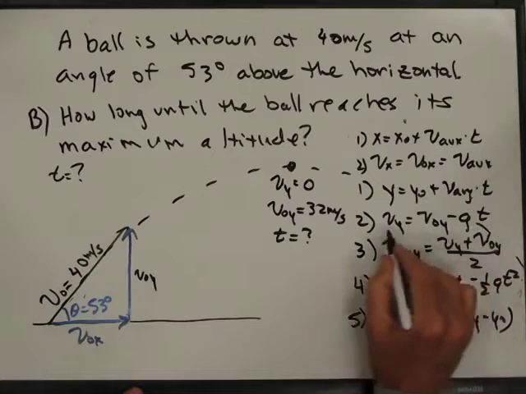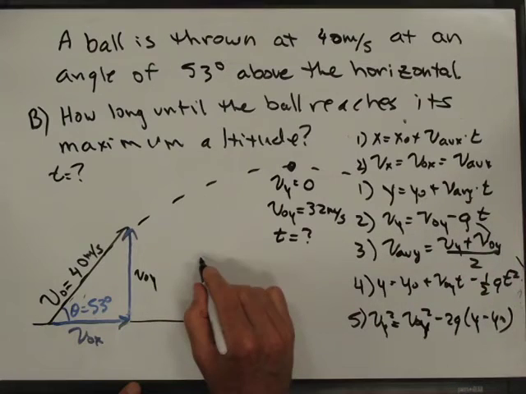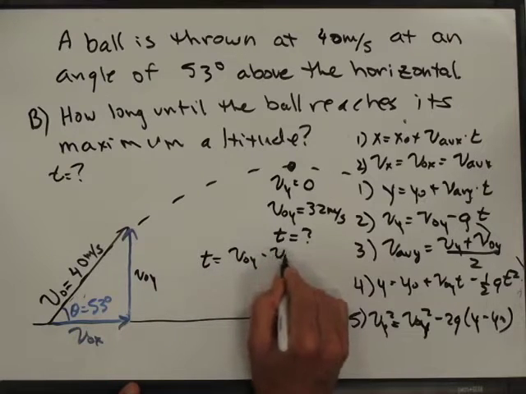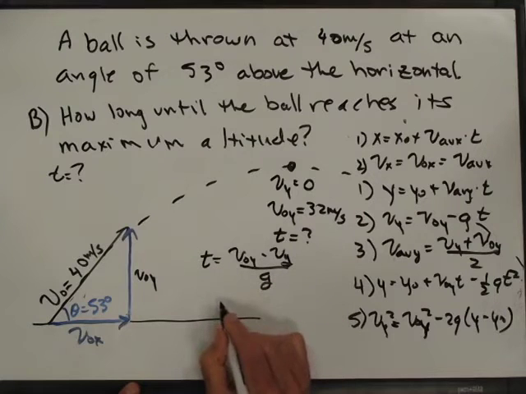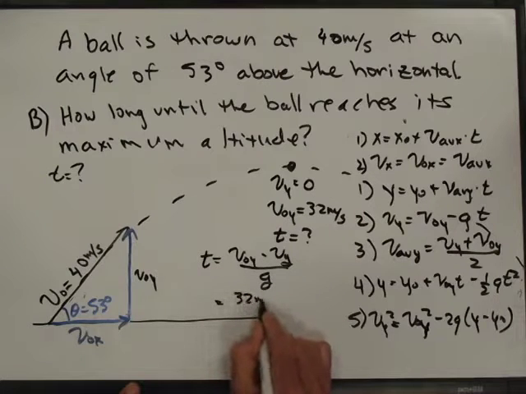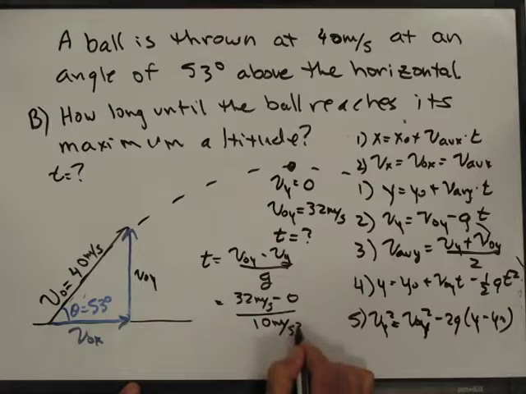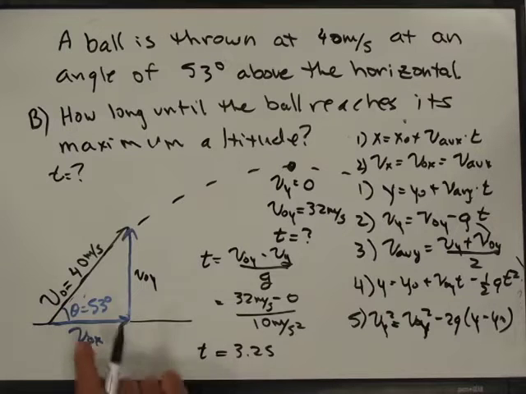And so if I rearrange formula number 2, I get time is equal to V naught y minus Vy over g, or 32 meters per second minus 0 over 10 meters per second squared, or t equals 3.2 seconds. So at 3.2 seconds, it's reached maximum altitude.